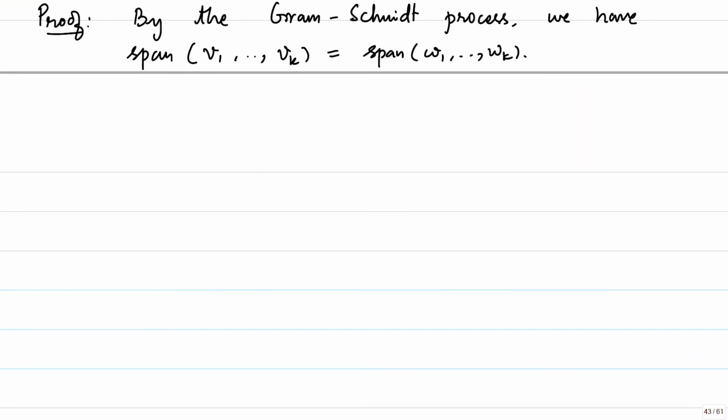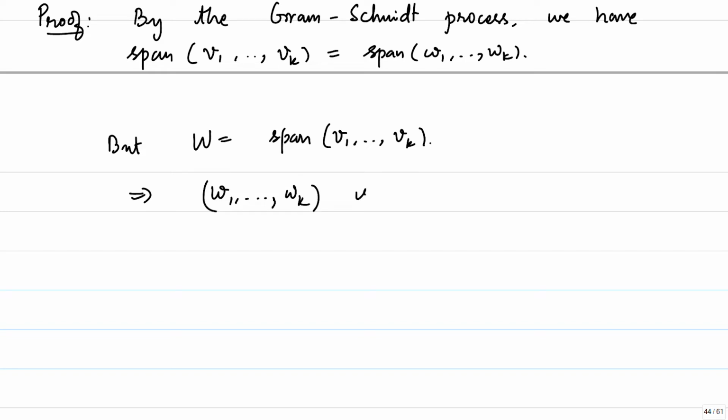We started off with V1 to Vk as being a basis of W, so W is equal to the span of V1 to Vk. That means that W1 to Wk is a spanning set of W, which is k dimensional, and any spanning set of size k in a k dimensional vector space would necessarily be a basis.